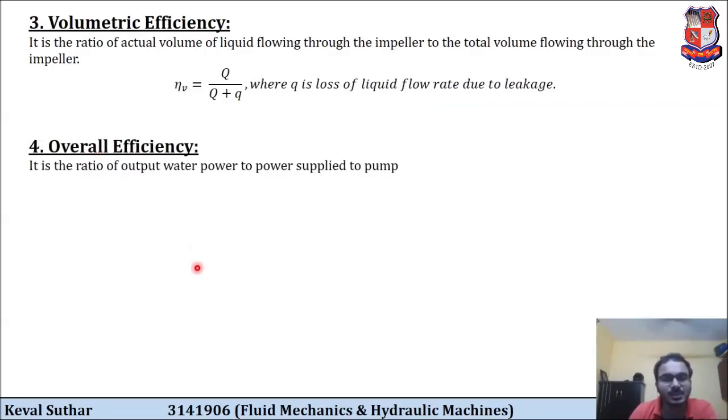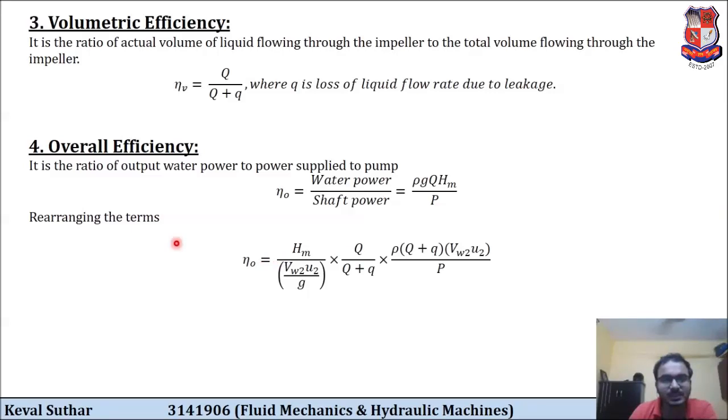Now the overall efficiency is output water power to the power supplied to the pump, and it is given by water power divided by shaft power, that is rho g Q Hm by P. Rearranging these terms, we can obtain this. This is nothing but we have multiplied a few quantities and divided a few quantities.